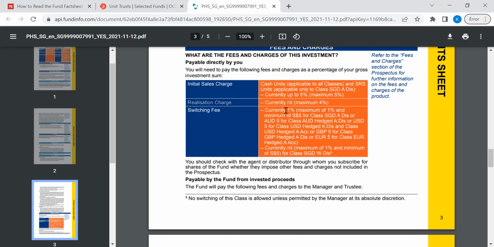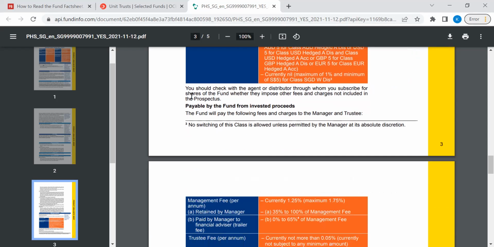Realization charge is when you want to cash out of the fund. Currently, there's no fee on that, right? Switching fee is when you switch from one fund to another fund. Currently 1%. But of course, you should check with the agent or distributor through whom you subscribe for shares of the fund whether they impose other fees or charges not included in the prospectus, right?